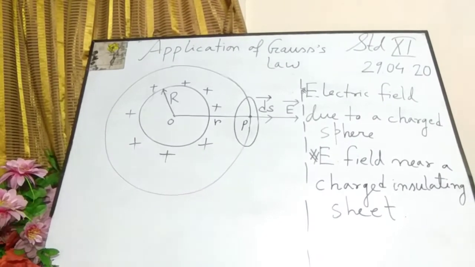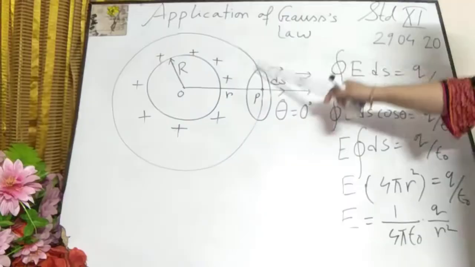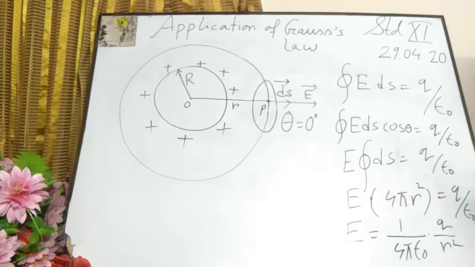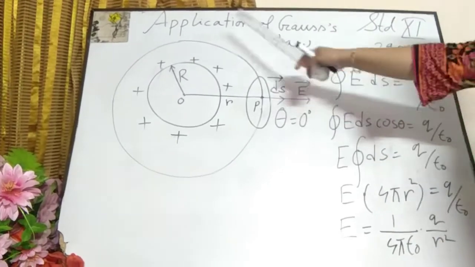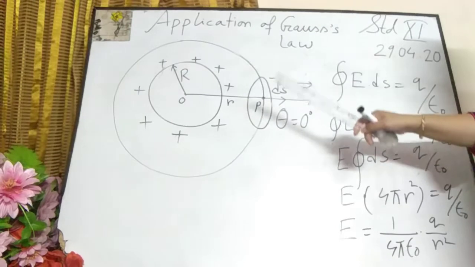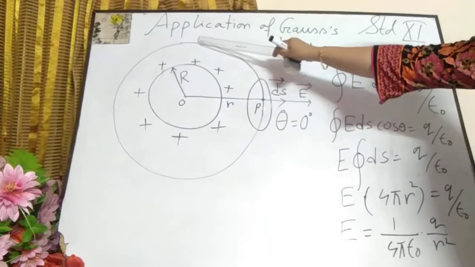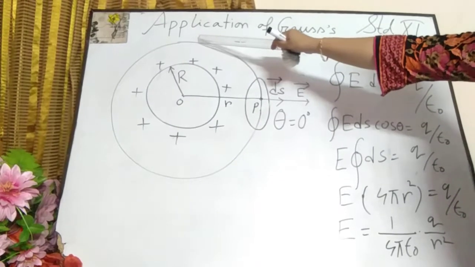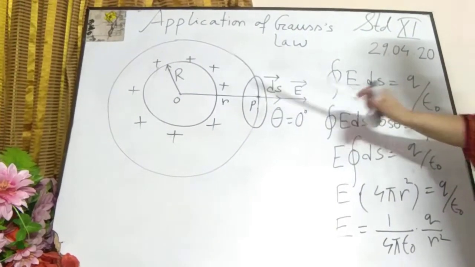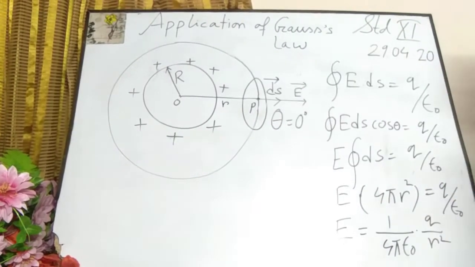Now, we will calculate the electric field intensity at point P. The Gaussian surface is symmetric, so at every point on the Gaussian surface, the electric field intensity is equal, and that is always along the radius.